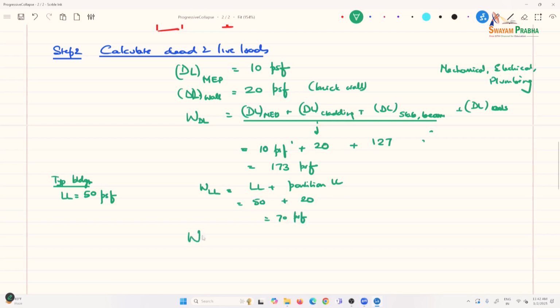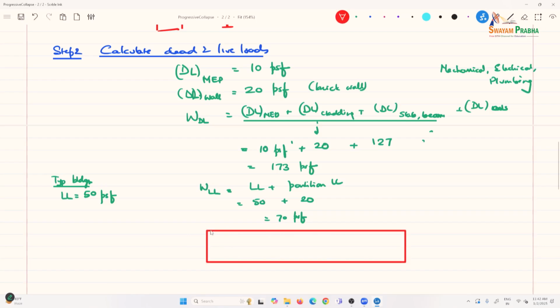So, when we look at the factored load combination, we saw from the PowerPoint, the load to be calculated WF is 1.2 dead load plus 0.5 live load.